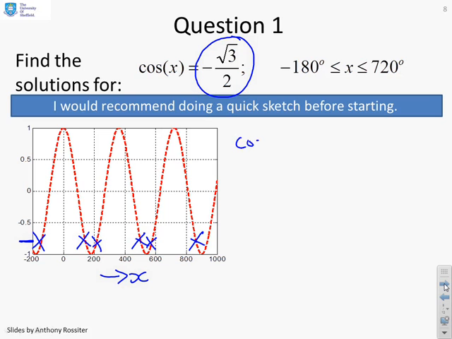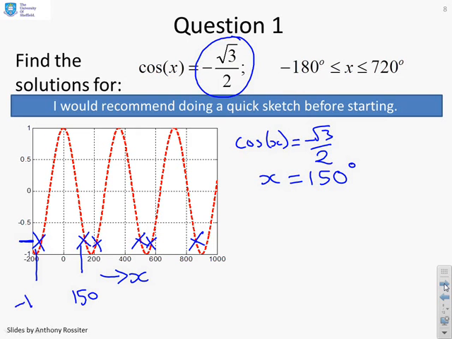So cos x equals minus root 3 over 2, and if you put this in your calculator, you'll probably end up with something like x equals 150 degrees. However, I know how the pairing works. There's my 150, so I must also have a solution at minus 150, because x and minus x give you the same cosine.